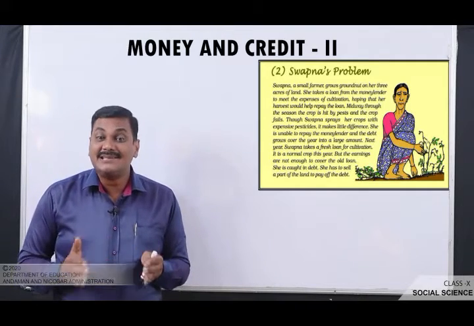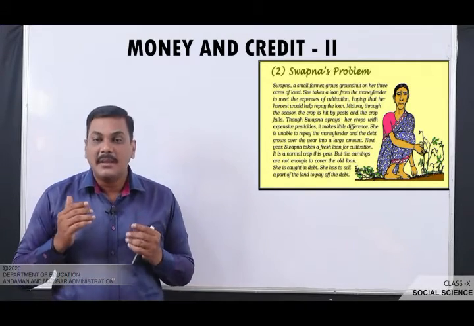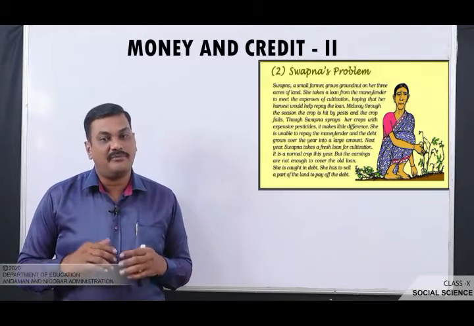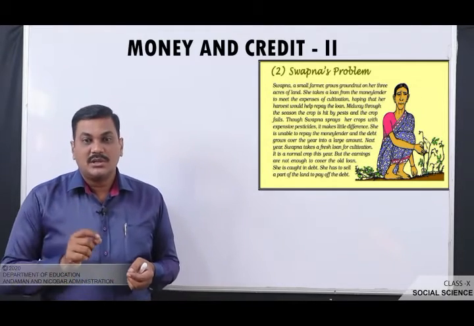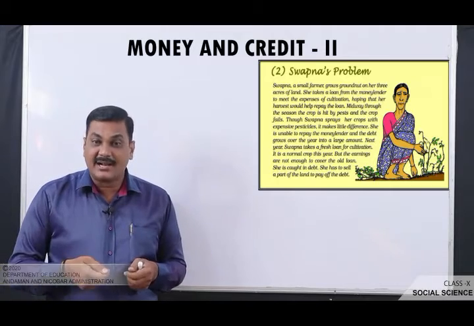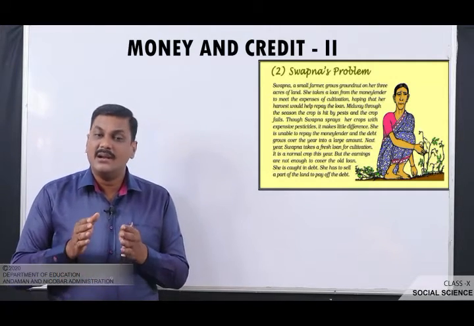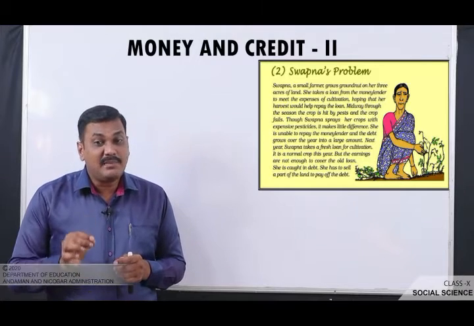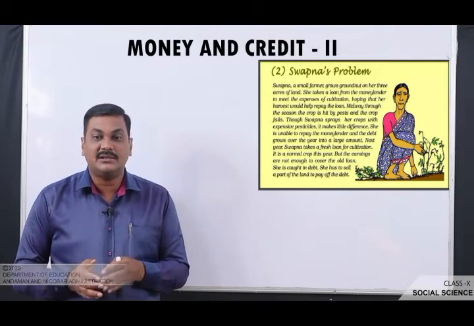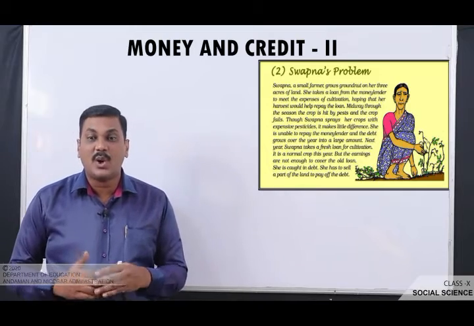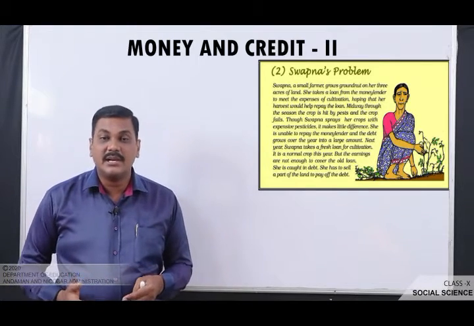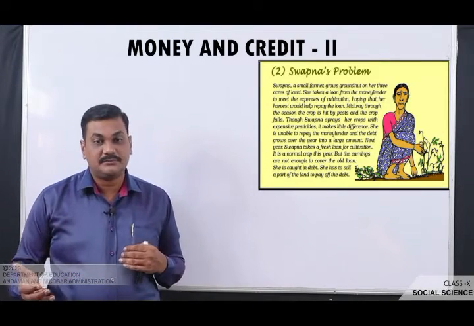Midway through the season, the crop is hit by pests and the crop fails. Though Swapna sprays her crops with expensive pesticides, it makes little difference. She is unable to repay the moneylender and the debt grows over the year into a large amount.